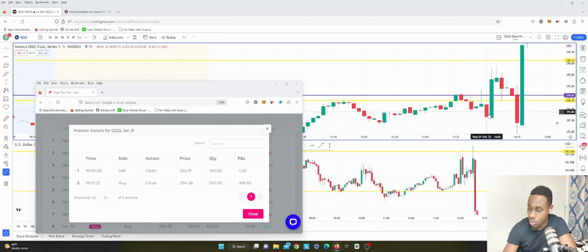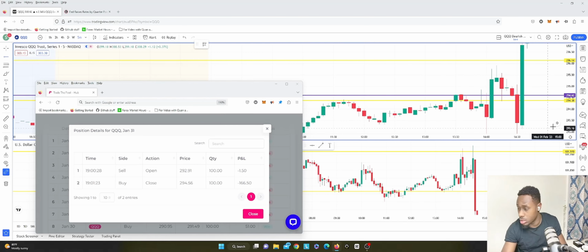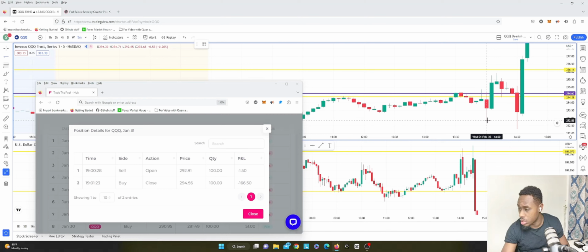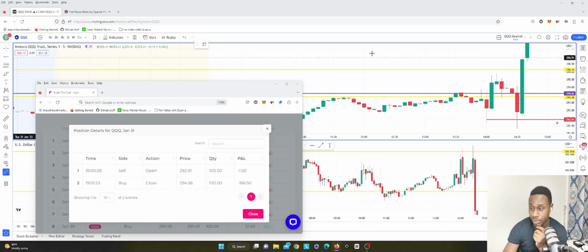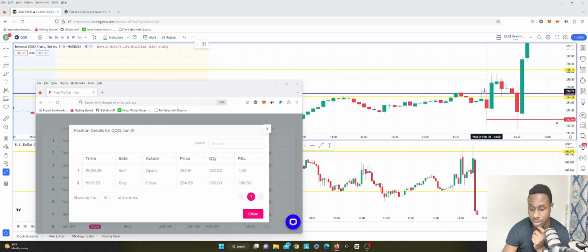Because at 2:01, it just came right back up and hit me out. Looks like it was the same candle, the 2 o'clock candle. 29221. 29291. So I entered here to the sell side and I got stopped out at 29456.